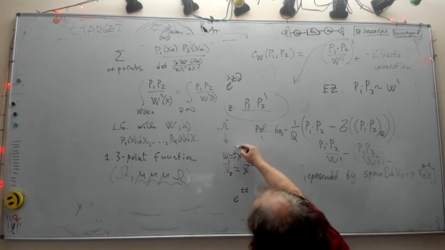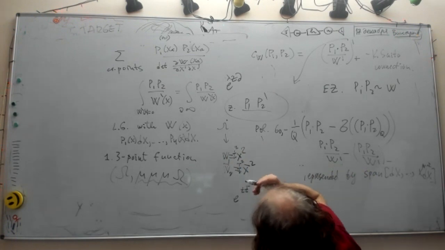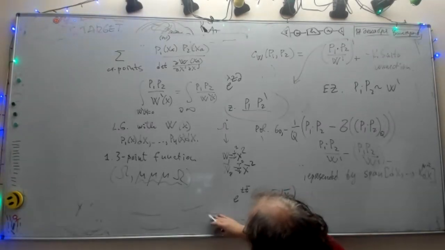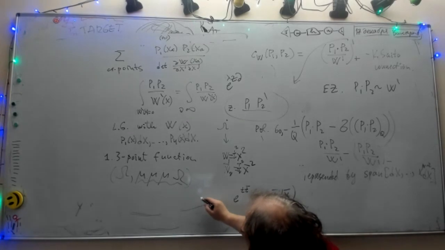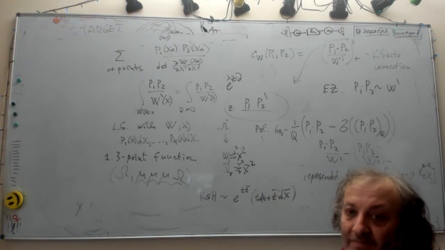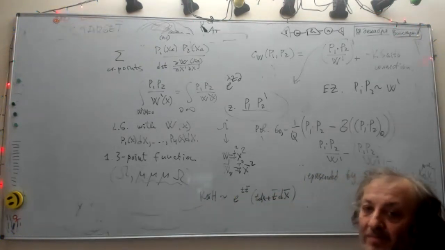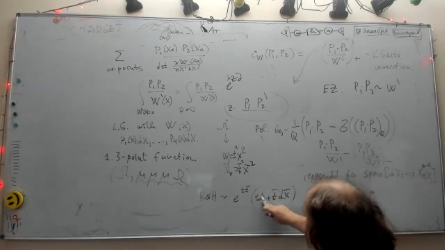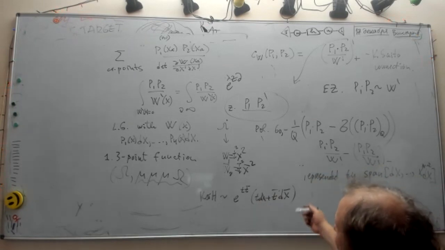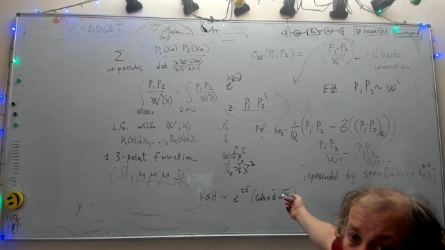Let me put here T squared, T bar squared, T dx plus T bar dx bar. So this is the kernel of the Hamiltonian. And then what you can do?